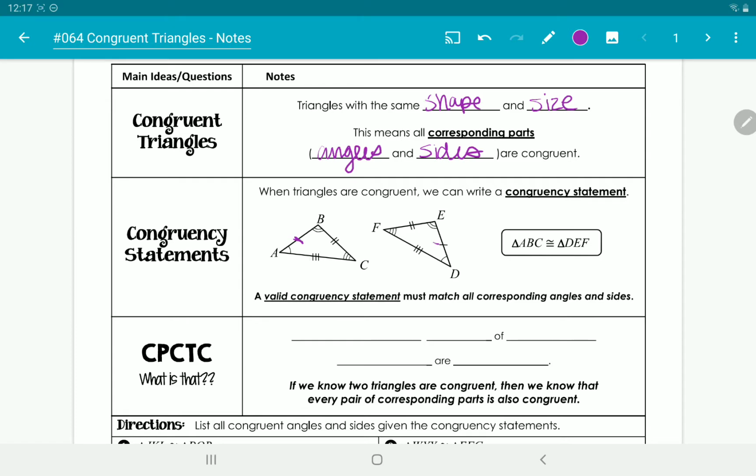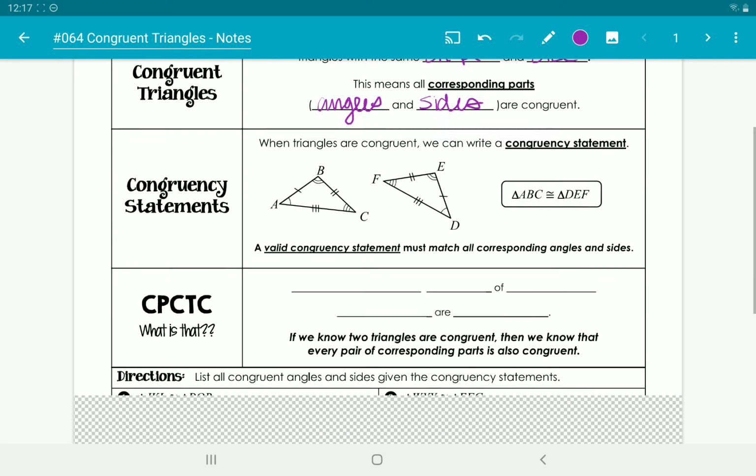This side matches up with this side, this side matches up with this side, this side matches up with this side, and this angle matches up with this angle, this angle matches up with this angle, and this angle matches up with this angle. So if two triangles are the same, that means the sides match up and the angles match up. From one triangle, it has a corresponding part on the other triangle.